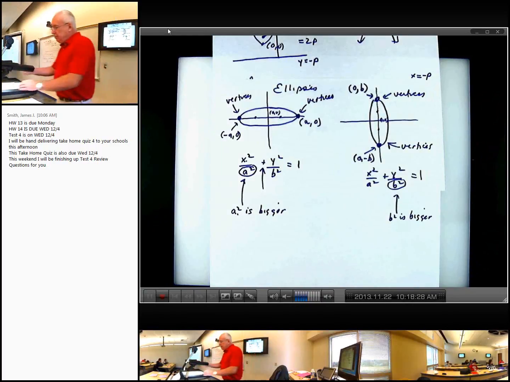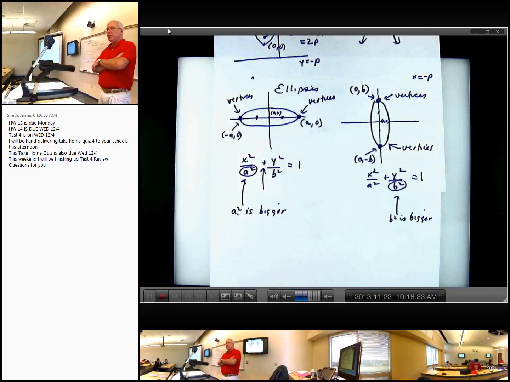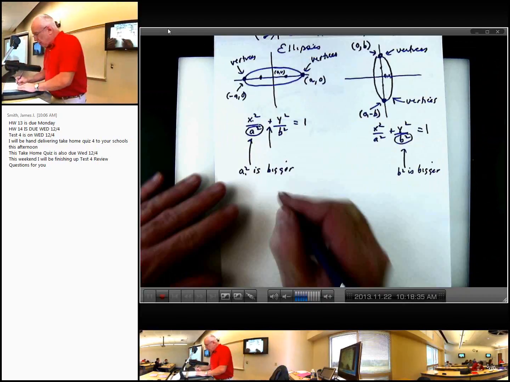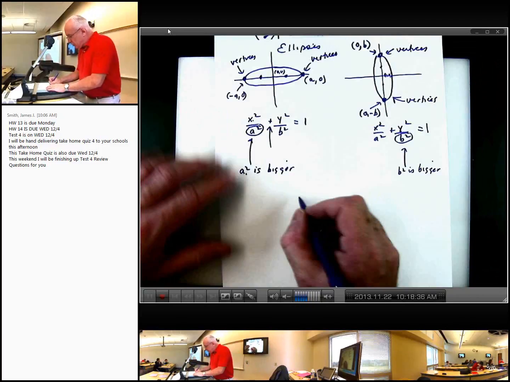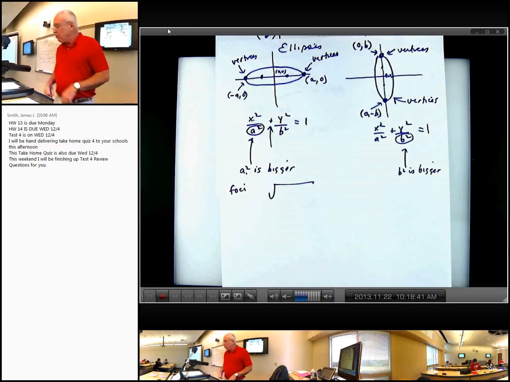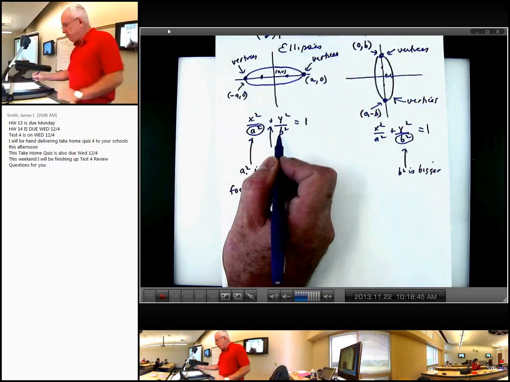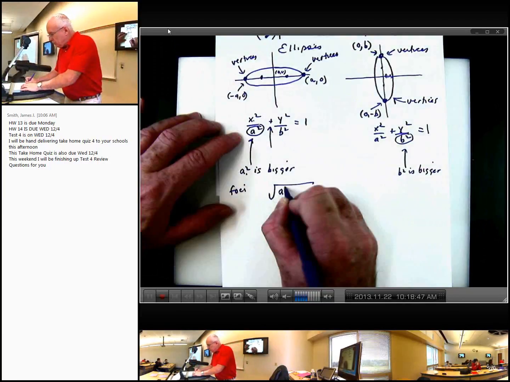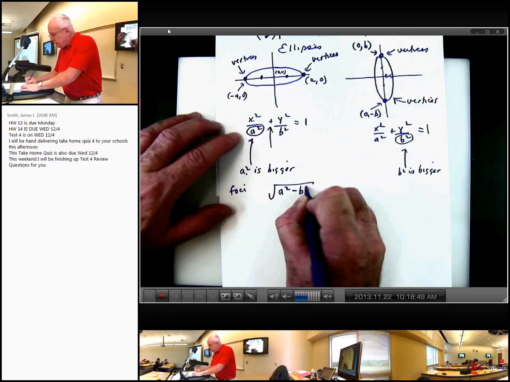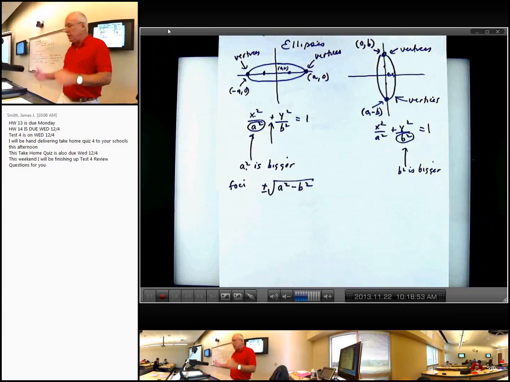And then we have these 2 foci that actually generate this shape. Those are found by just taking the square root of the bigger number down below minus the smaller number. So in this case, it would be the square root of a squared minus b squared, and then we'd have a plus or minus there because we have 2 foci.